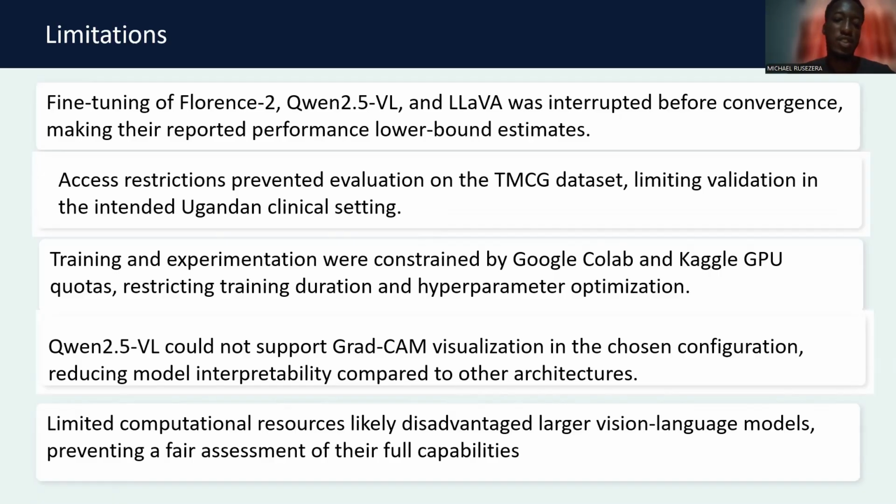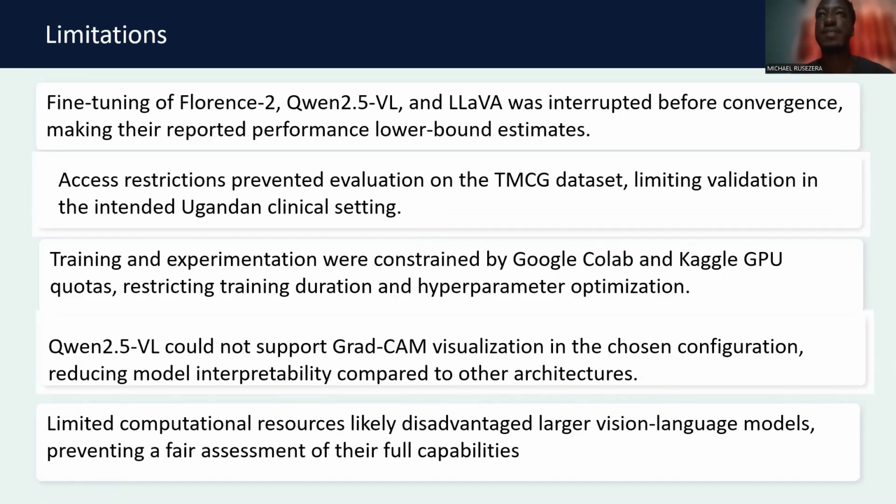Then another limitation was that the Qwen 2.5 vision language model did not really support GradCam visualization in our selected configuration. So this reduced our ability to visually explain model decisions compared to other architectures. Also, access restrictions prevented evaluation of some models that we would have liked to use, like the TMCG dataset, which also limited validation directly within the intended Ugandan clinical environment, because the Ugandan datasets were harder to get.